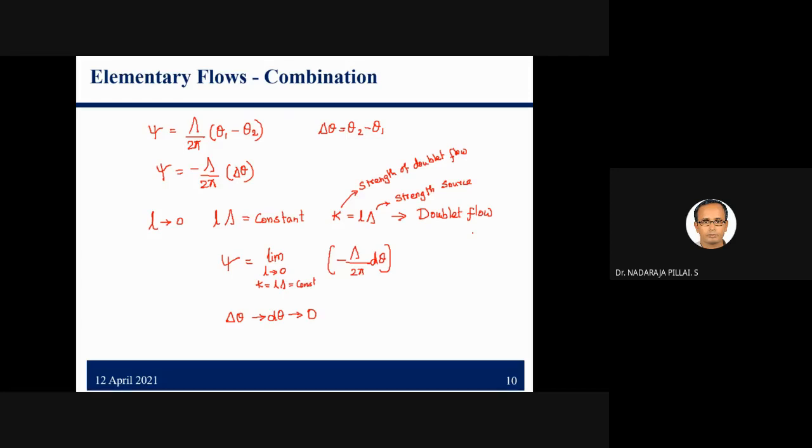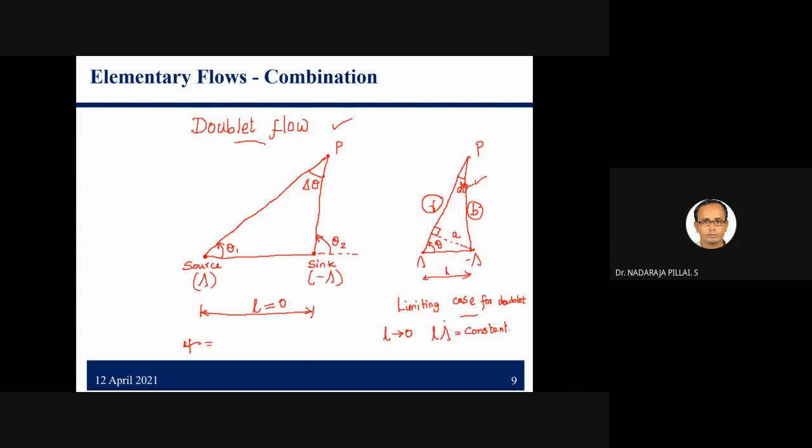In this case, I can say that d theta is infinitesimal, infinitely small. So A is the distance.